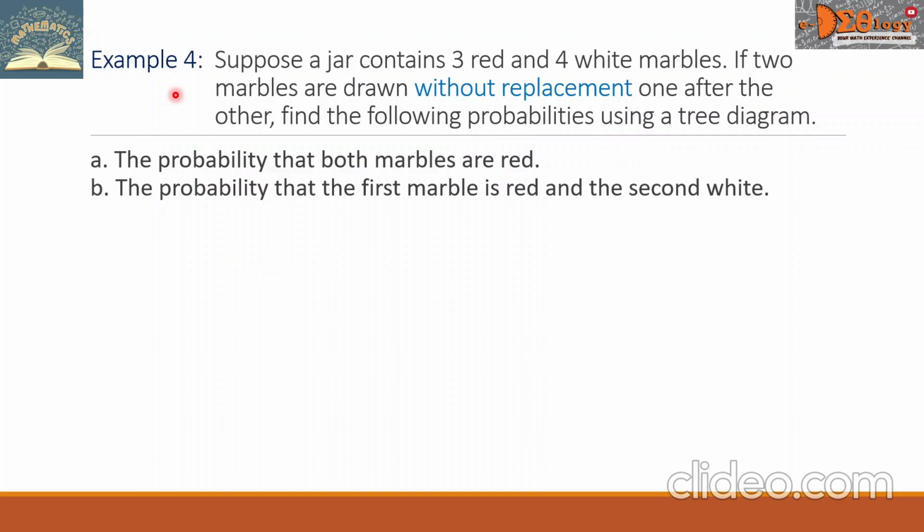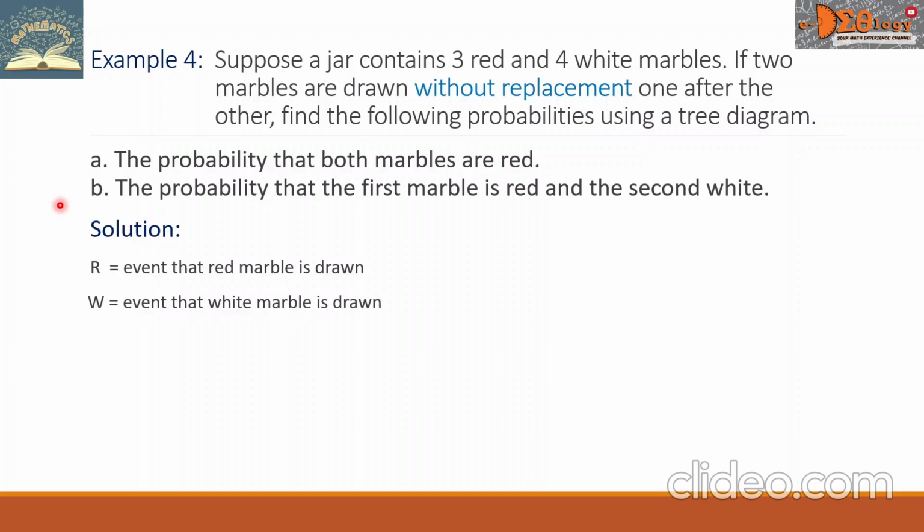Example 4. Suppose a jar contains 3 red and 4 white marbles. If 2 marbles are drawn without replacement, one after the other, find the following probabilities using a tree diagram. We have here 2 problems.